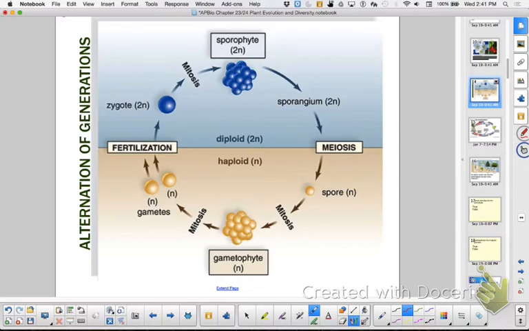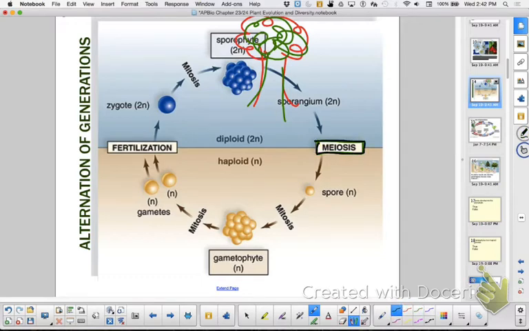The large structure that you see growing, that is a sporophyte, okay? That is your sporophyte, a large diploid structure. Within that sporophyte, you can have an area that is going to do meiosis, and sporophytes will always generate what?